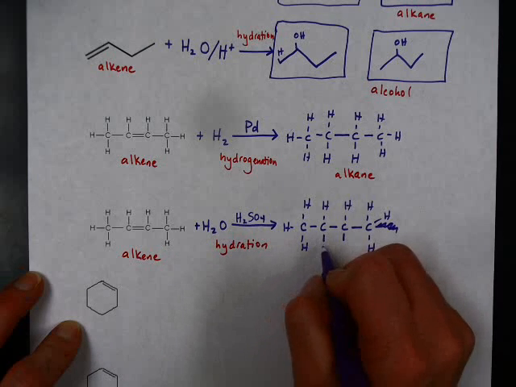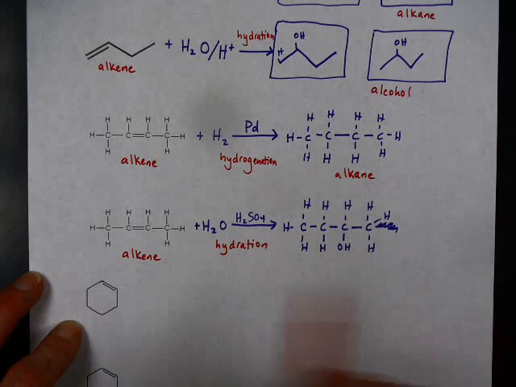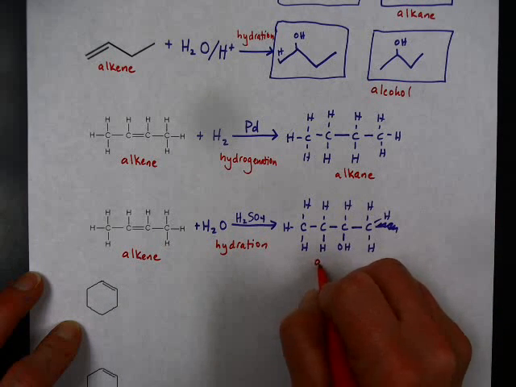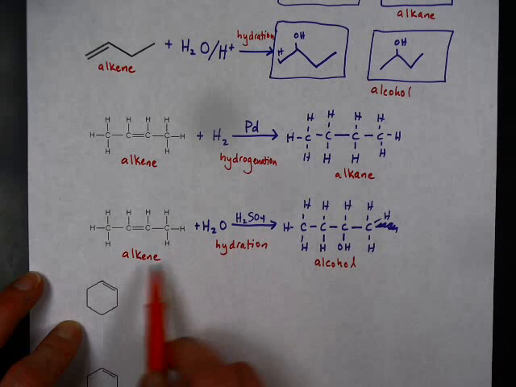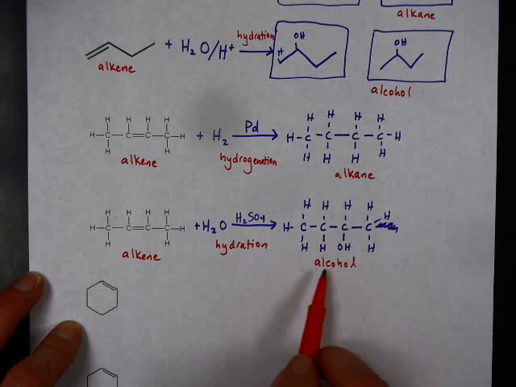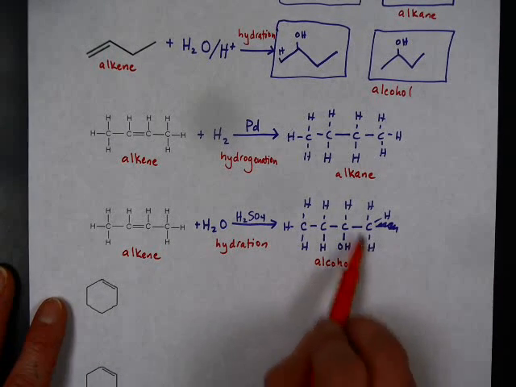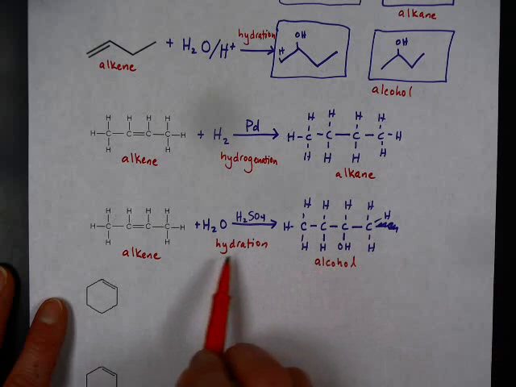One carbon gets H, one carbon gets OH. And once again, we see that this is no longer alkene, it's not alkane, this is alcohol. When you hydrate an alkene, what you get is an alcohol. You cannot hydrate alcohol, it doesn't have a double bond, but alcohol is produced when you hydrate alkene.